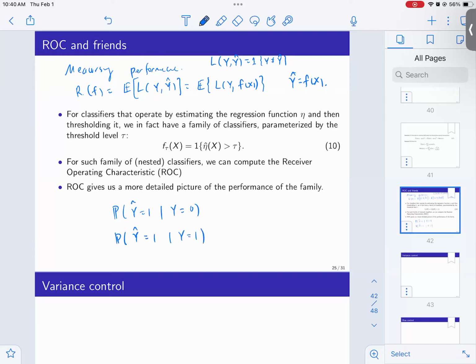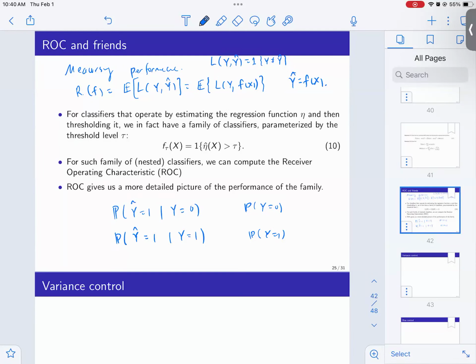And if I also know these, then given this information I can calculate the misclassification. But the focus would be on these two.